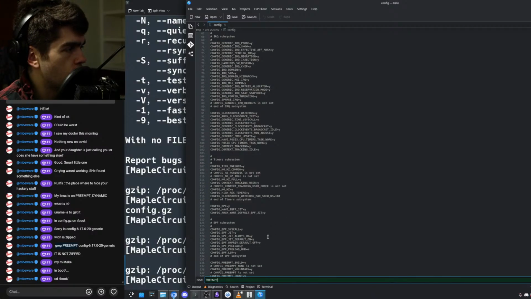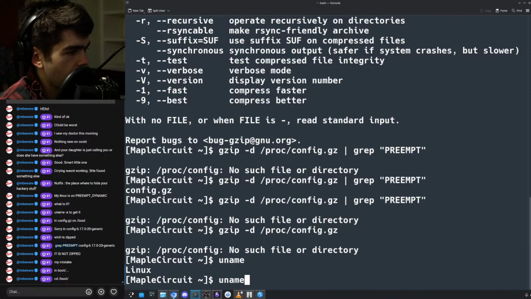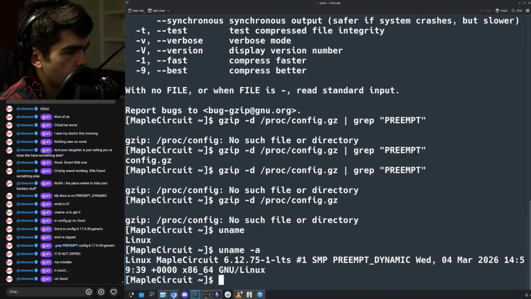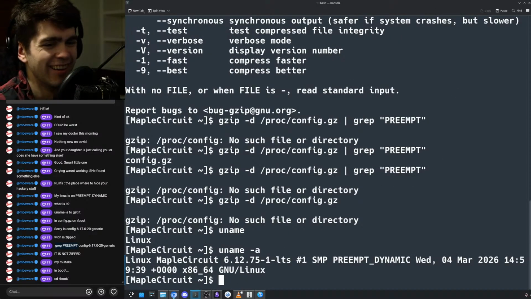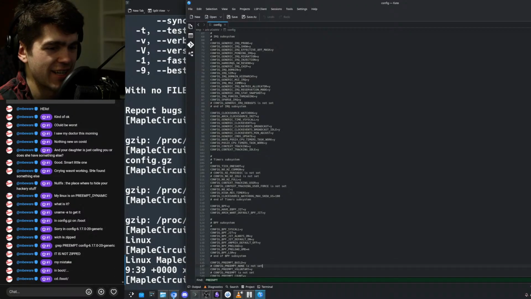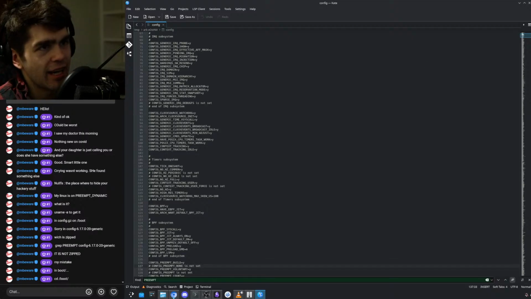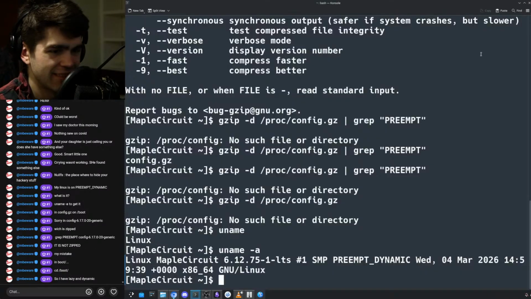Oh, I'm on an old kernel, am I? I'm on 6.12, so lazy didn't exist yet. Okay. But essentially it's voluntary.